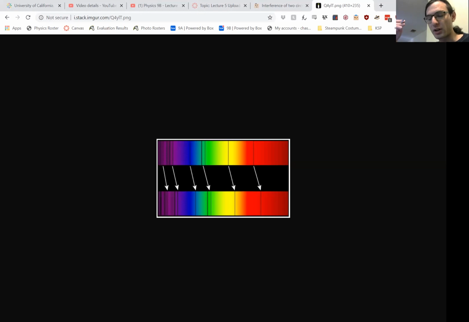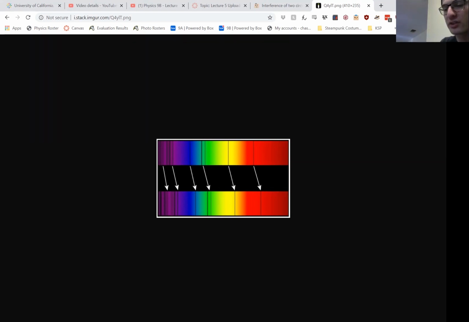But the important part is that the relative spacings between them stay the same. Notice that the actual gap between, say, the yellow line and the red line changes. It gets wider here, which would mean that it's moving away from us. But if you divided the red and yellow gap by the green and yellow gap, and then did the same at the bottom, you'd get the same number out.